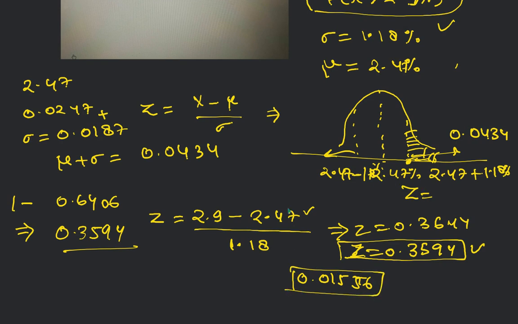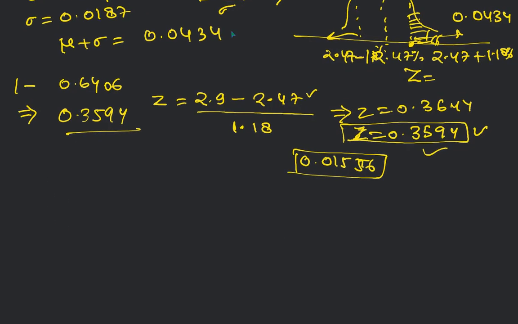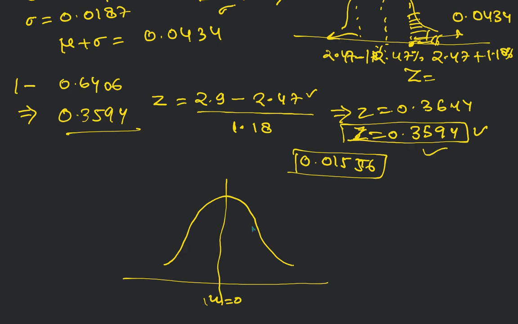Okay, got it. So I am getting this Z score. It means the probability is 1.5%. If this is our mu equals 0, standard deviation let's say 1, then the Z score is basically 0.3594. If I talk about this one, this is 1.